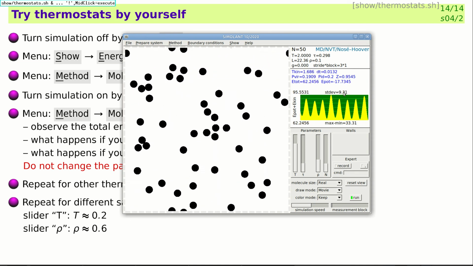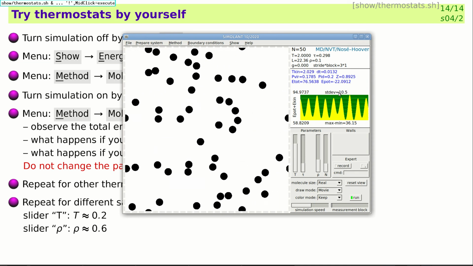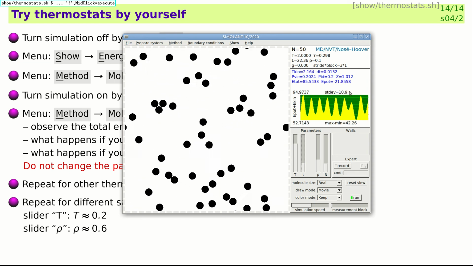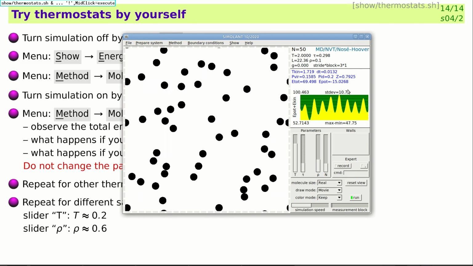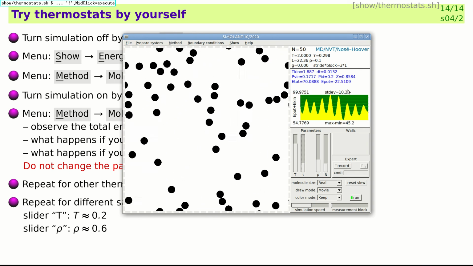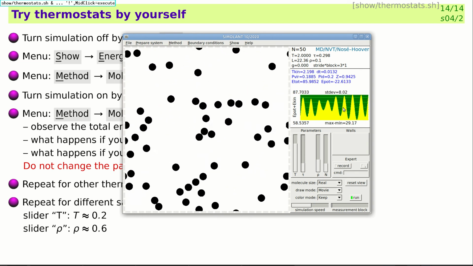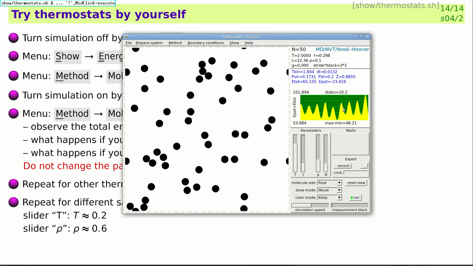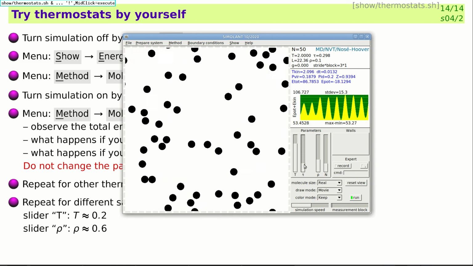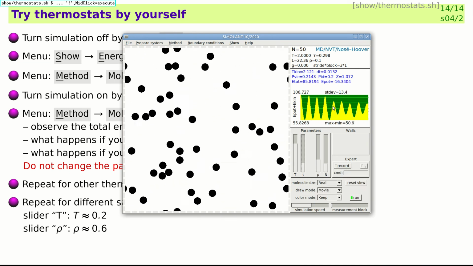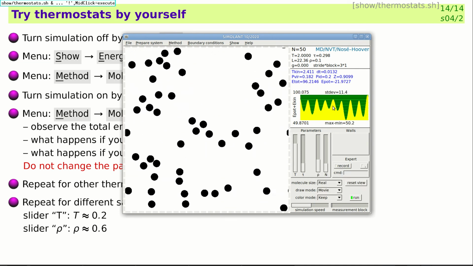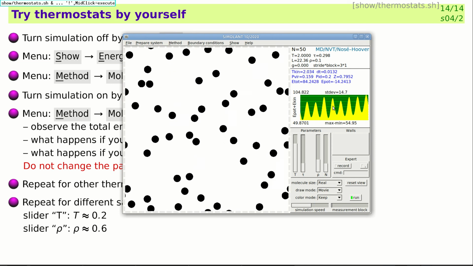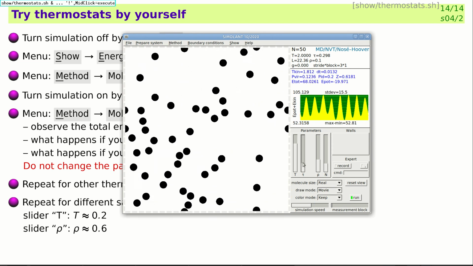So let's try with this value the Hoover thermostat, and you can see that it looks pretty different. First, the standard deviation, which was written here, is larger, and this is the true canonical ensemble. And you can see that there are oscillations corresponding to this typical time, and these oscillations interact in some way with the system and create the canonical ensemble.